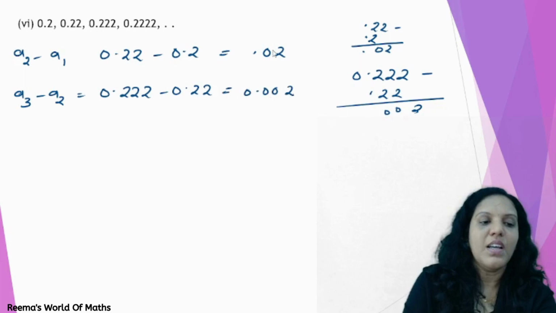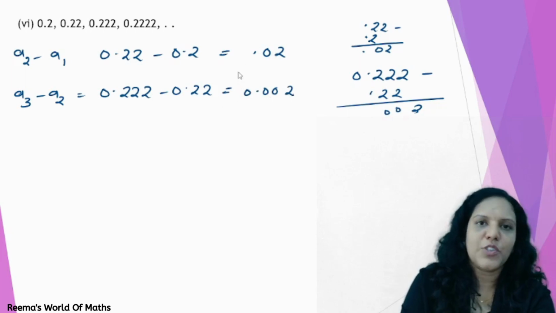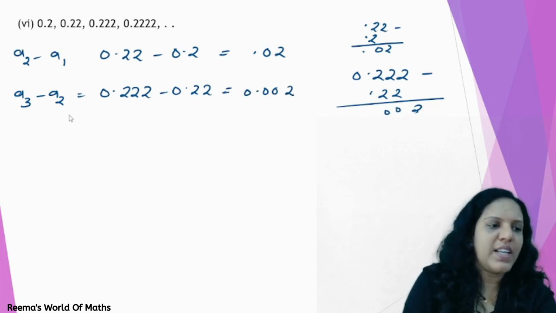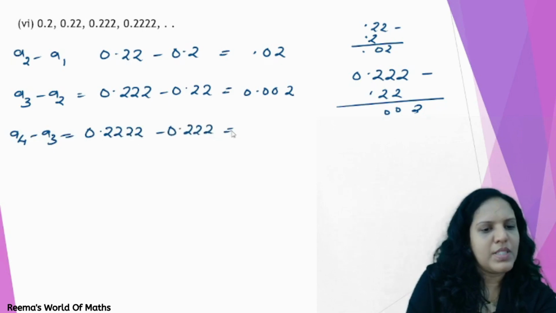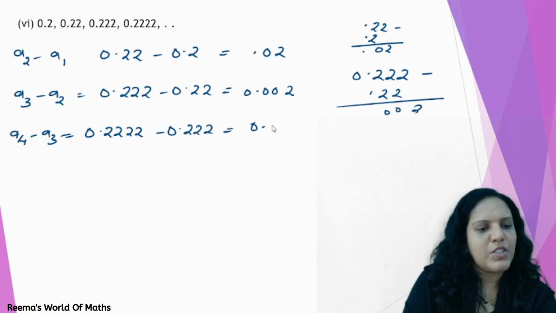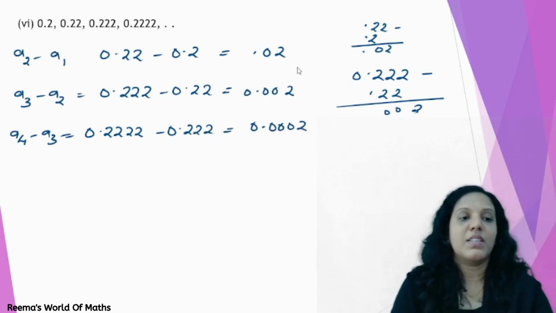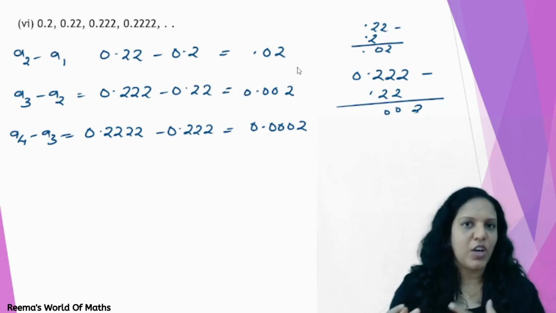So the difference between two consecutive terms is not fixed. Let's see the next one also, A4 minus A3, which is 0.2222 minus 0.222, which is 0.0002.